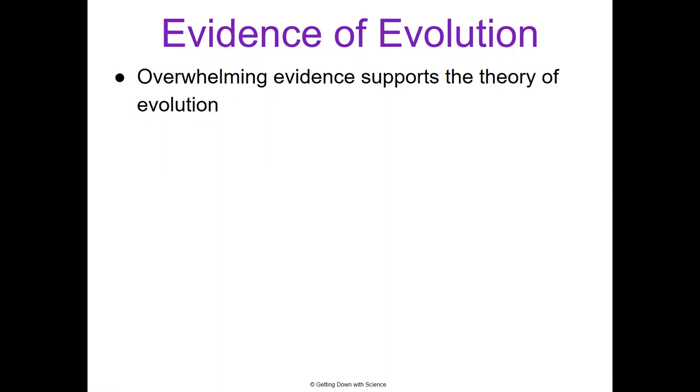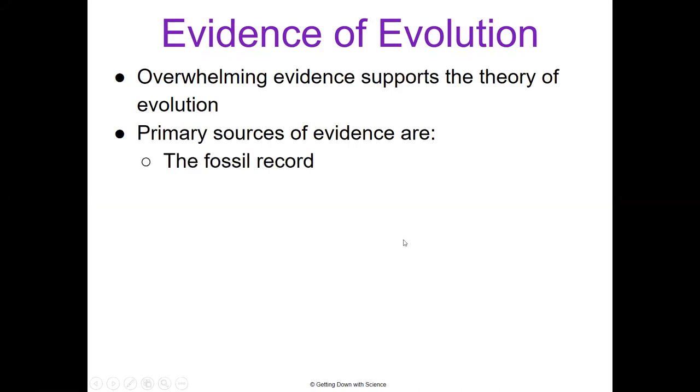So when we're talking about evolution, we're talking about things changing over time. And we have a lot of evidence that shows how organisms have changed over time. The primary sources of these evidences are the fossil record. So we actually go back and look at what kind of fossils we have found and how they seem to connect.